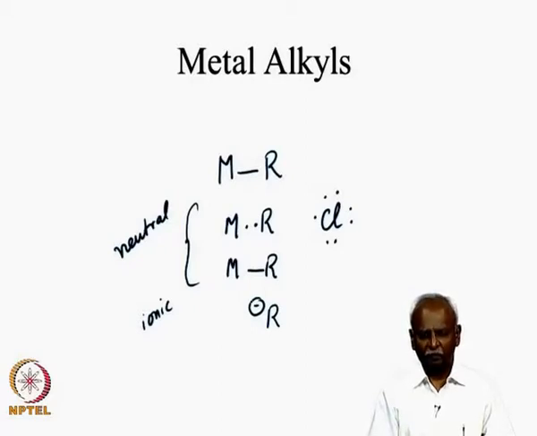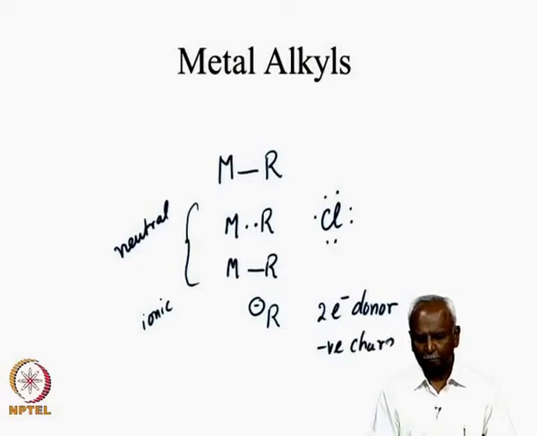So, we consider R as R minus, and then it would be a 2 electron donor, and it would have a negative charge. So, these two aspects need to be kept in mind as we discuss the chemistry of the metal alkyl bond.